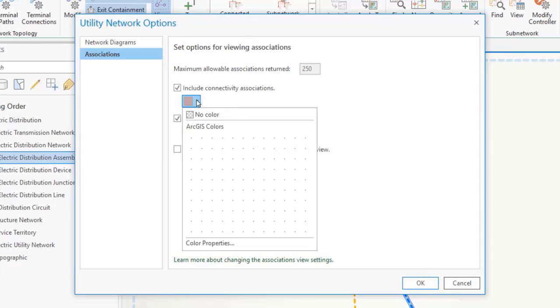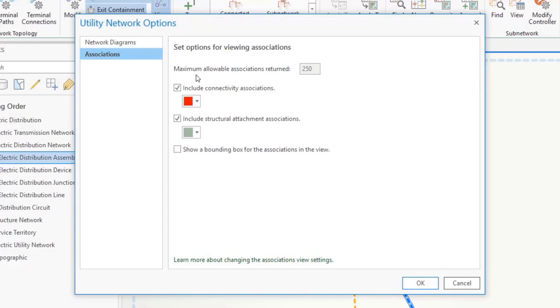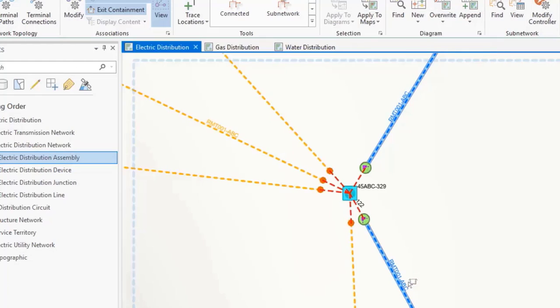You may be asking, why are you building these associations that don't necessarily show up? Well, it's a logical relationship between two features that is more performant than actually drawing a line. So we're keeping the connective properties without the cost of having to render a new line value.